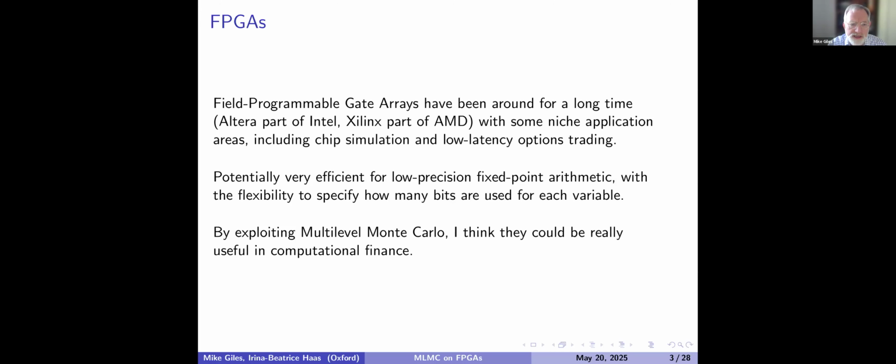I'll say more about that in a couple of slides' time. And so I think by exploiting multi-level Monte Carlo, there's the potential to make them really useful in computational finance. So that's the motivation for this work.